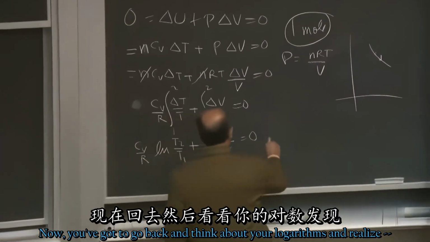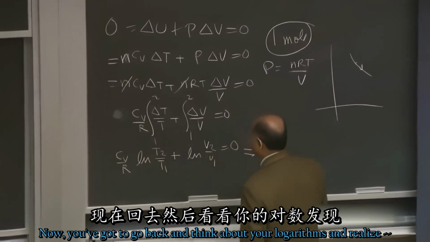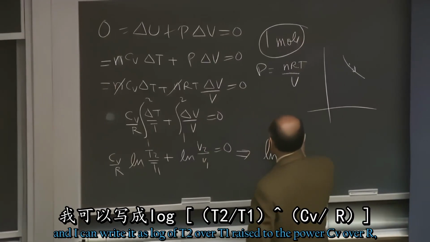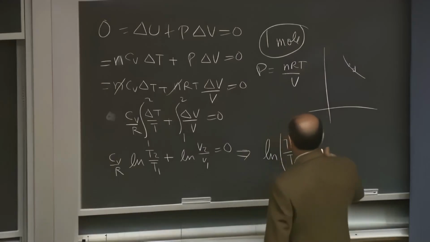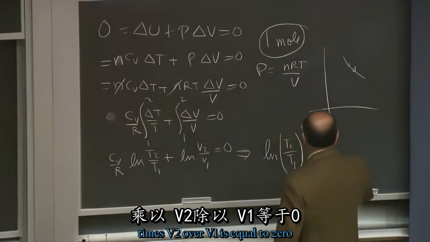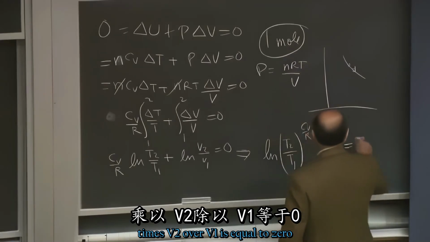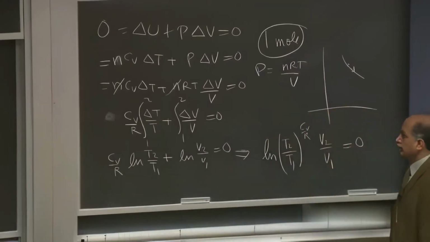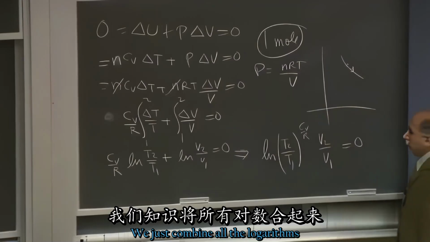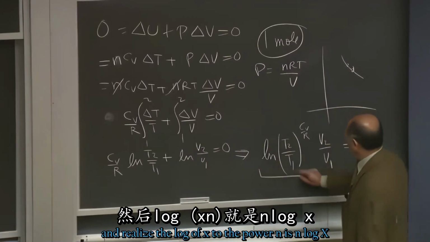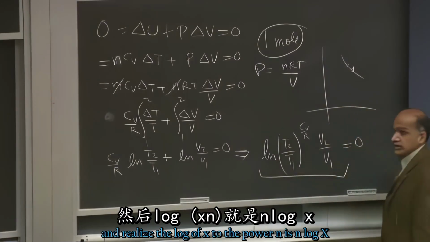Now, you got to go back and think about your logarithms and realize I can write it as log of T2 over T1 raised to the power CV over R times V2 over V1 is equal to 0. You just combine all the logarithms and realize that log of x to the power n is n log x.